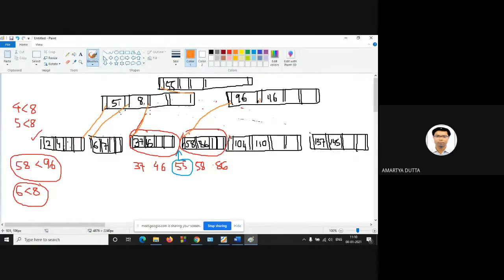From 96 and 116, there will be a connection, and 116 is greater, so this is the new connection. Is it visible and accepted to you? Yes, sir. Okay. So 55 becomes the new root.